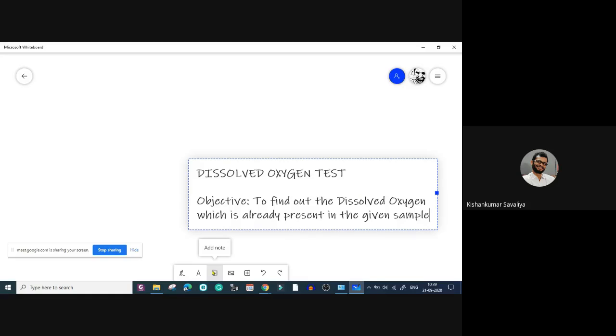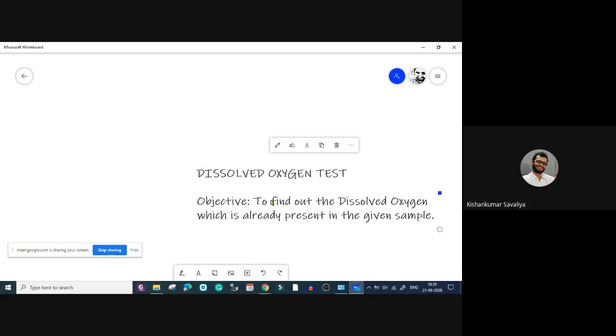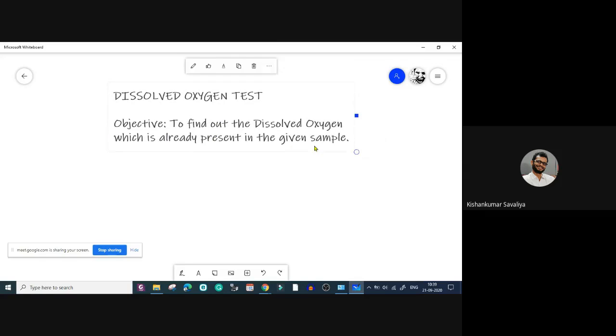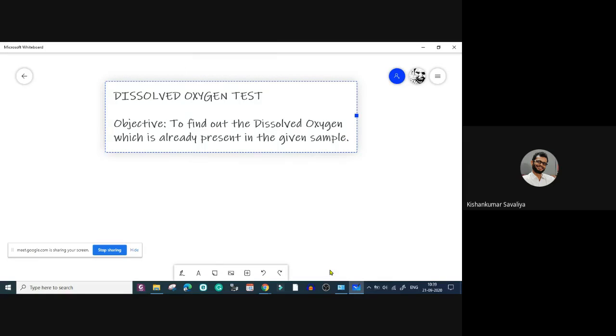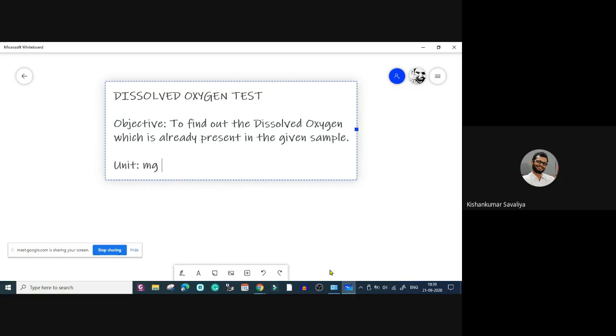So this is our main objective. Okay, I will share one PDF with you so you can get the complete test description step by step, but right now we are seeing the video and then we will understand. Okay, so the unit of dissolved oxygen in the test will be milligram per liter.